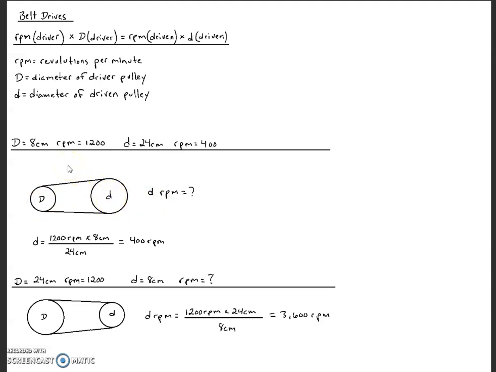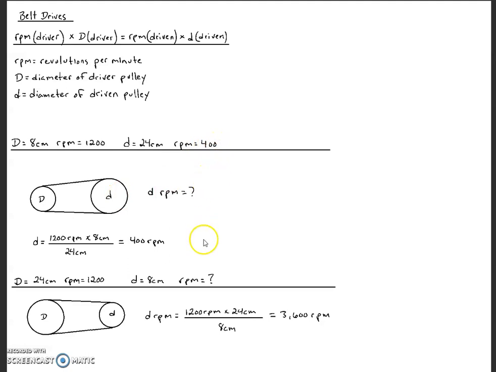So if we take the driver with an 8 centimeter diameter, so right here, it has an 8 centimeter diameter, and then we have the driven pulley, has a 24 centimeter diameter, and none of this is to scale. So we got an 8 centimeter diameter, which isn't a whole lot, with 1200 RPM, and we have a 24 centimeter with 400 RPM.